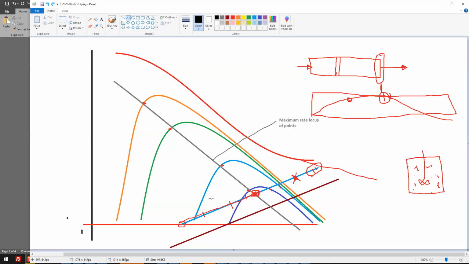So remember earlier, the way we found the maximum rate line, we took the original line and we drew a bunch of parallels to it. So we took that line and we shifted it. Well, what we can do now is take that line and look up the equilibrium values for that line.